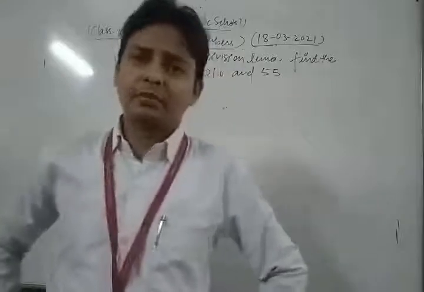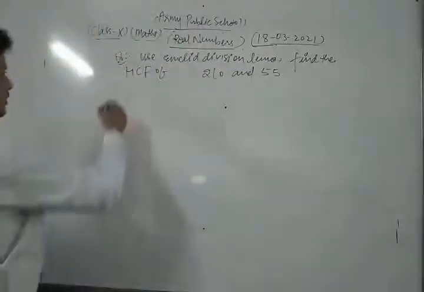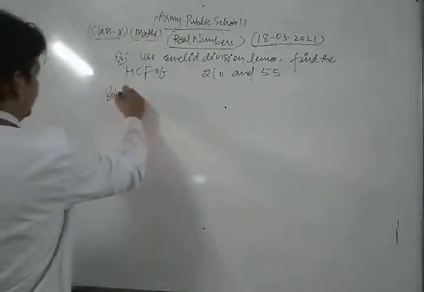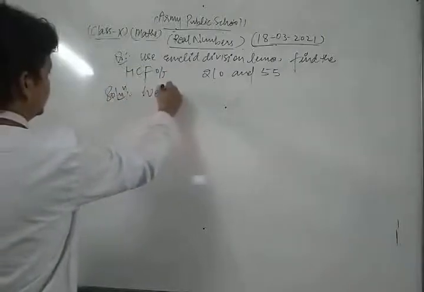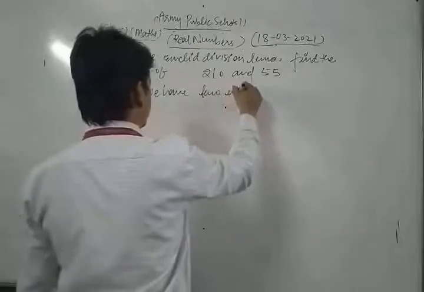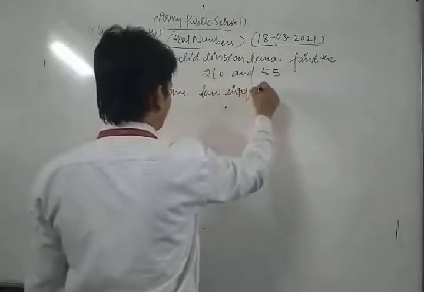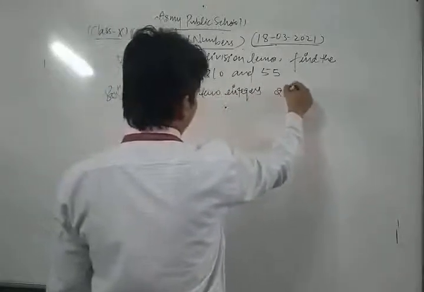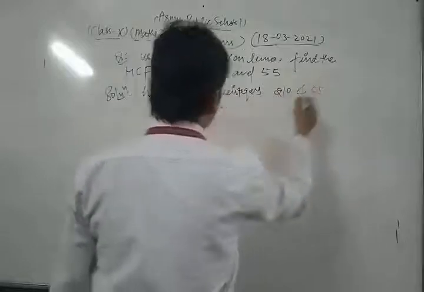In this type of question, first of all, let's see its solution. We have two integers, 210 and 55.